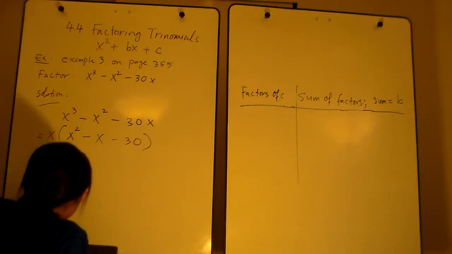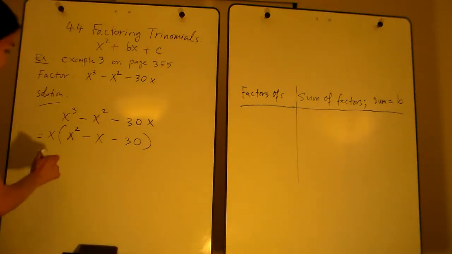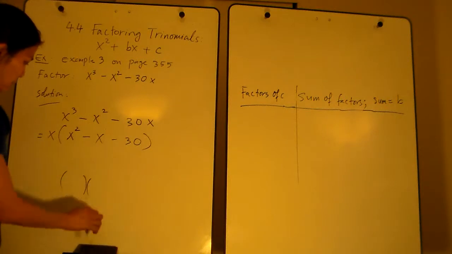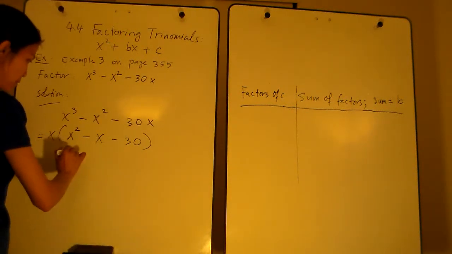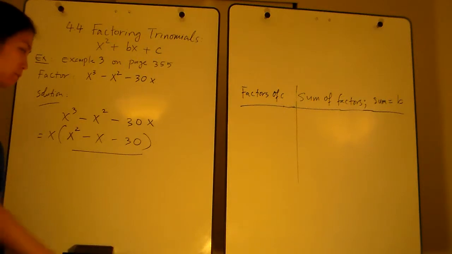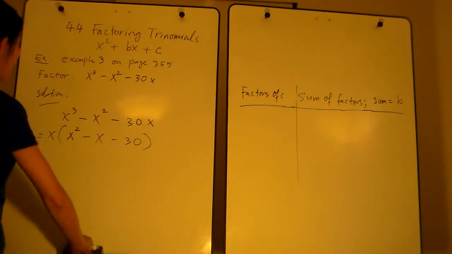Now, we're not done yet. Even though you get the form this times this, you're not done yet, because you still can factor these three terms, using the rule we just learned in this section.